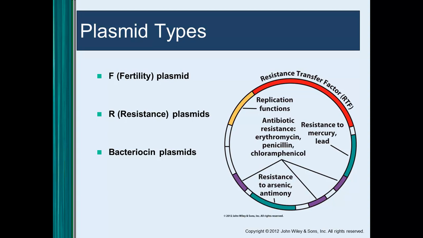Now, before we move on to plasmid types, I just wanted to reiterate the most fundamental differences among those major types of lateral transfer that we've discussed so far, which included transfer through transformation, transduction, and conjugation.